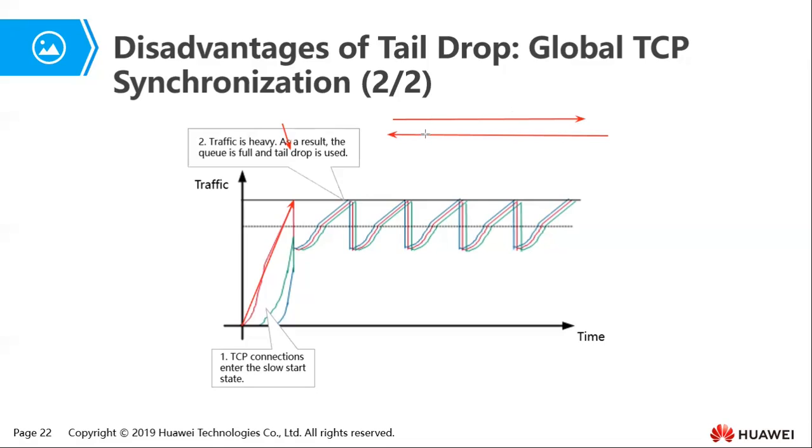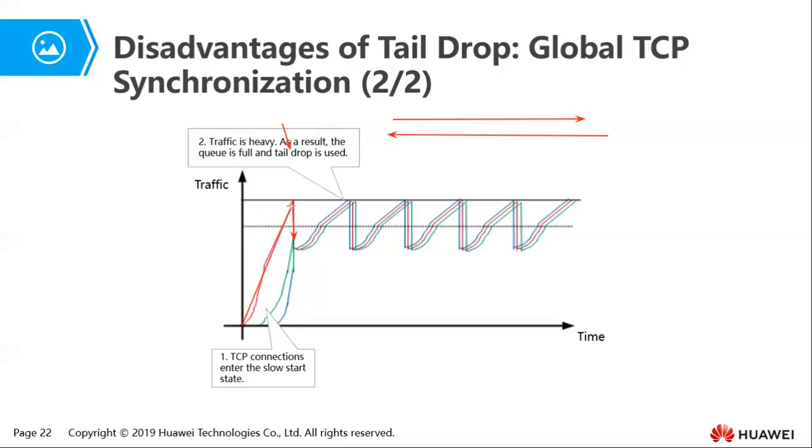When the server does not get an acknowledgement, it reduces the window size, that is the size of the TCP packets. When it reduces the window size, this curve falls, because now the queue will have some space.